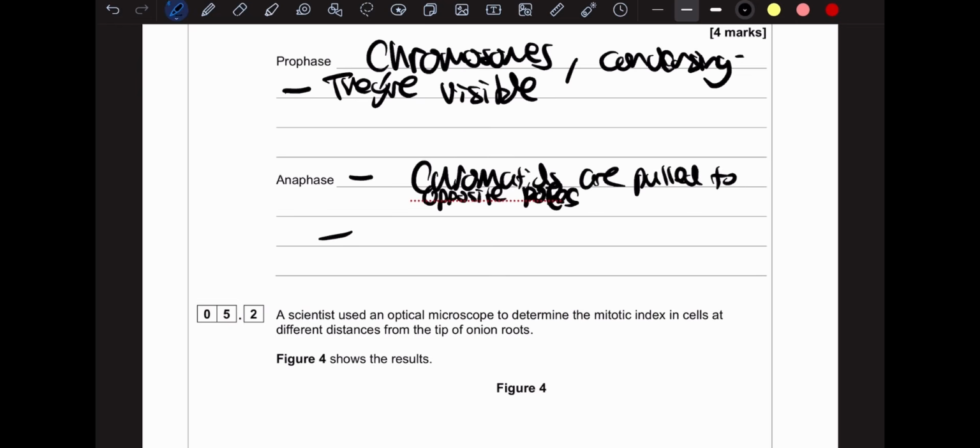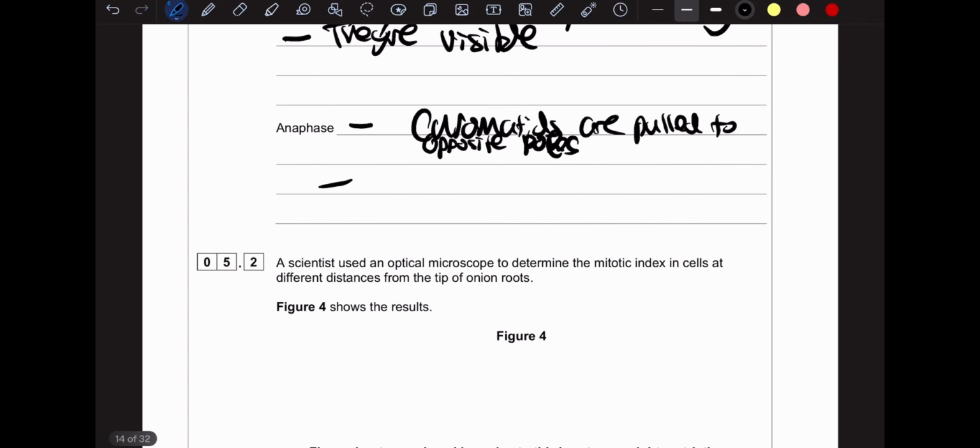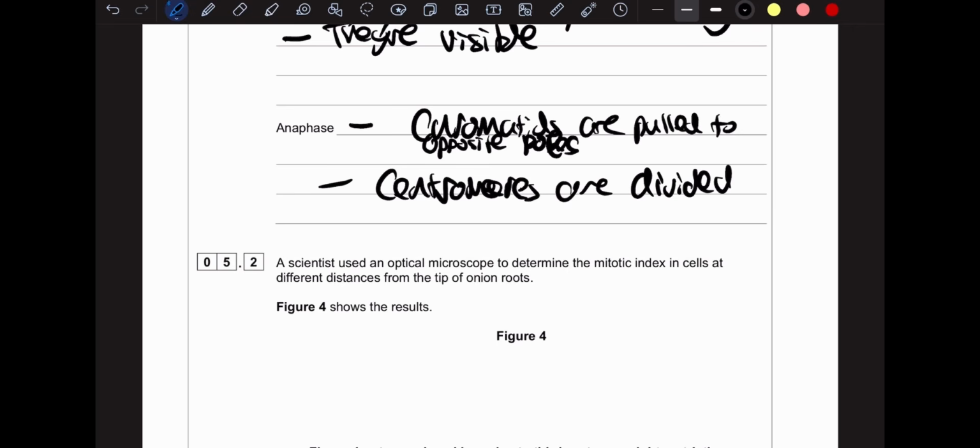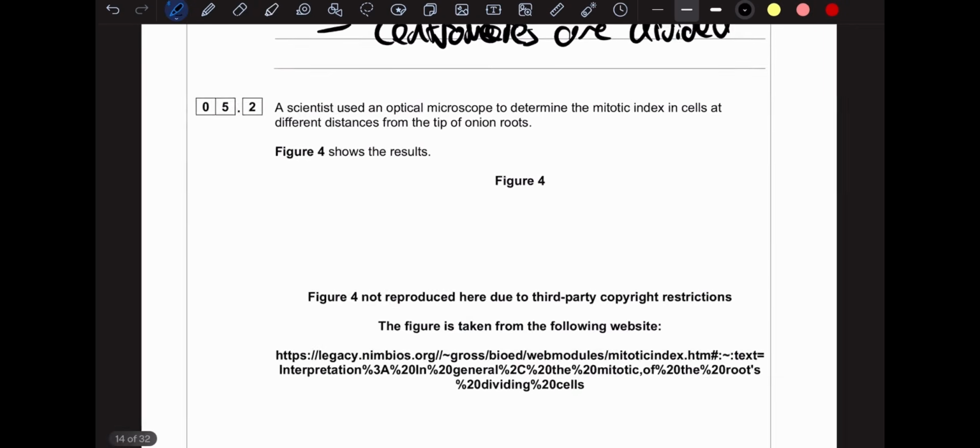We have an animal pole and a vegetal pole. So opposite poles, the animal and the vegetal pole. And the reason I wrote centromeres earlier, I was thinking the centromeres are divided, right? The centromeres become split, and the chromatids are pulled to opposite sides, and yeah.